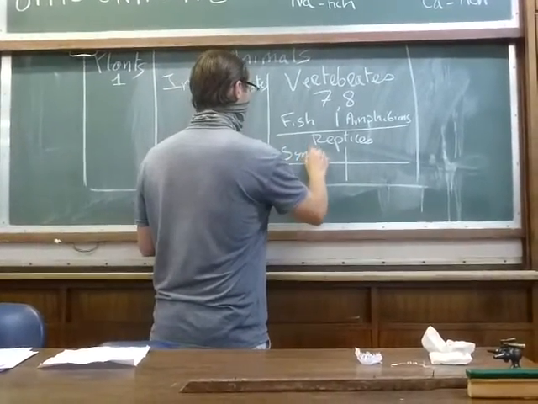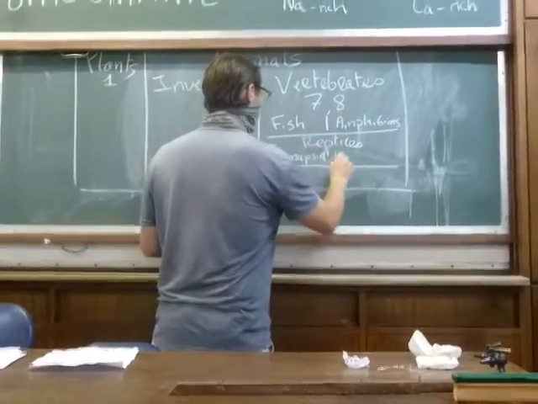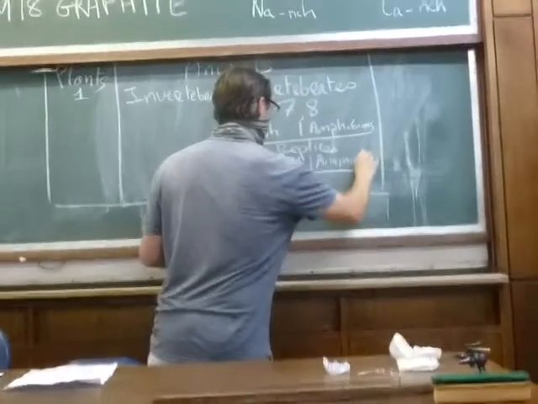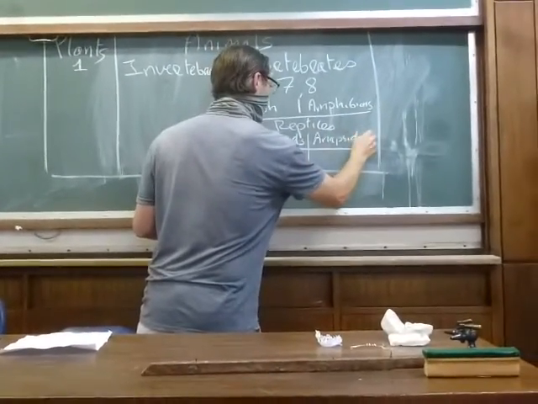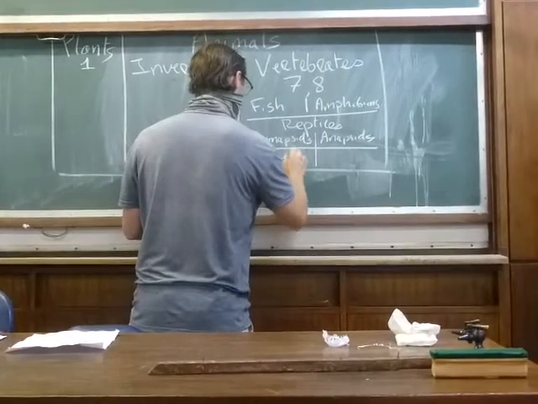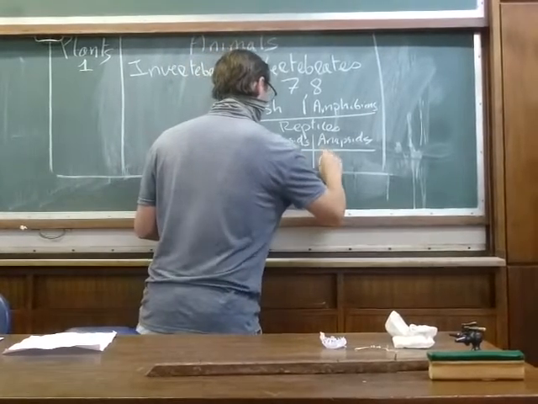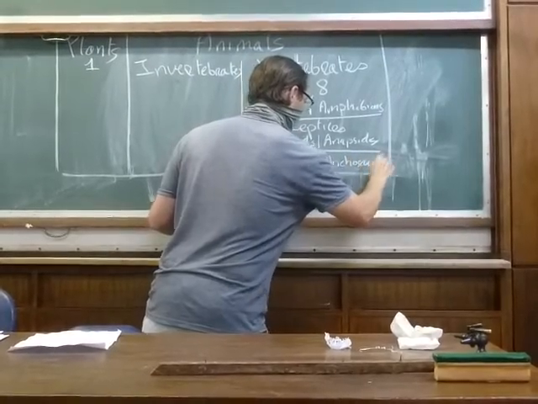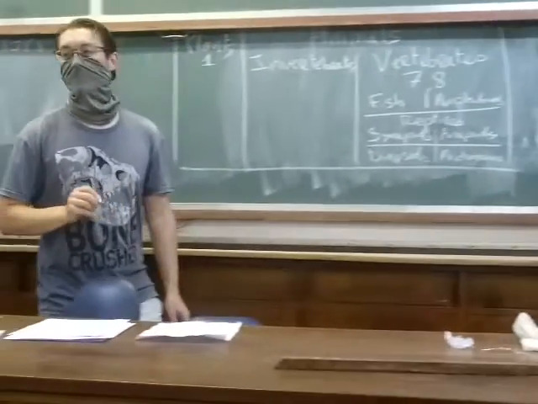The reptiles are divided into 4. The synapsids, the anapsids, the diapsids, and the archosaurs. So as I told you, there will be a lot of new words.